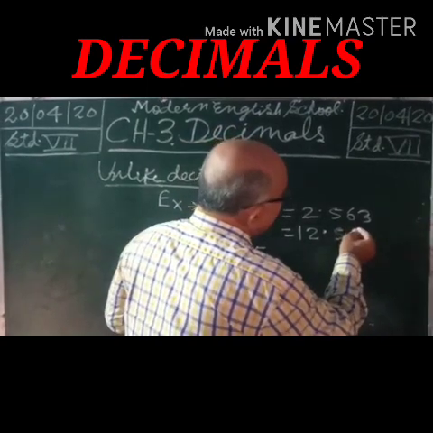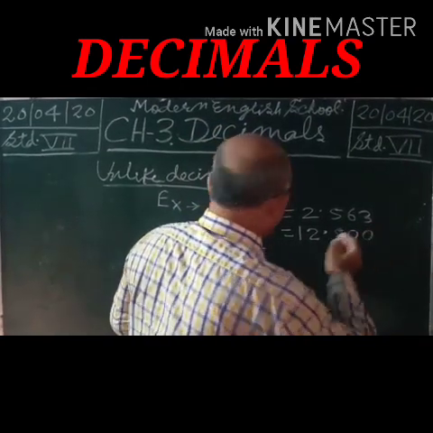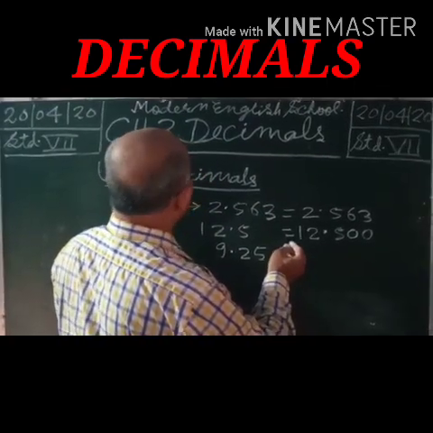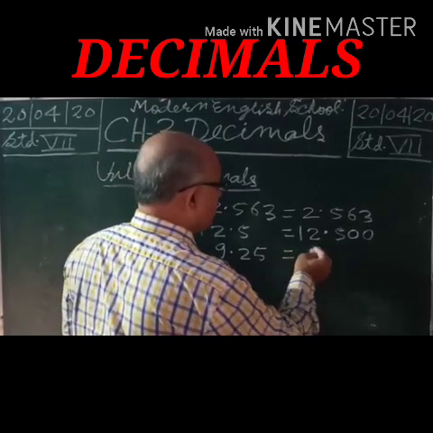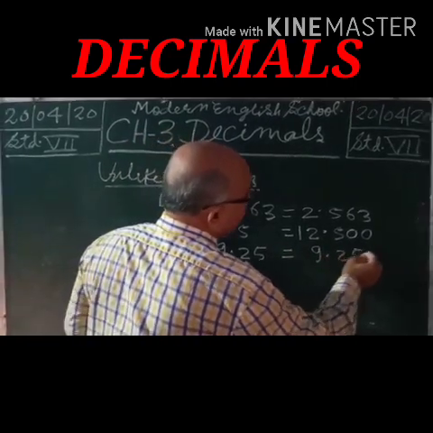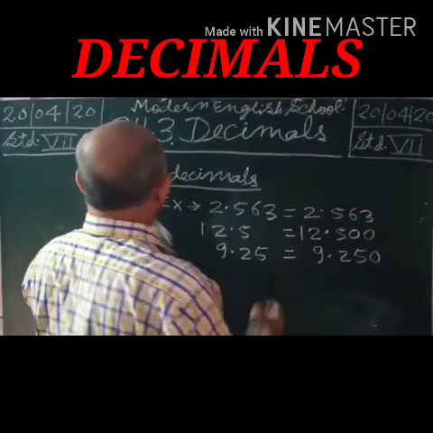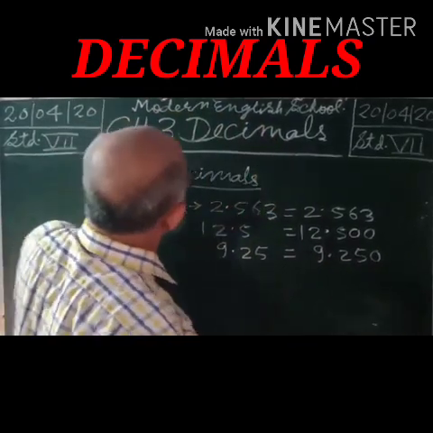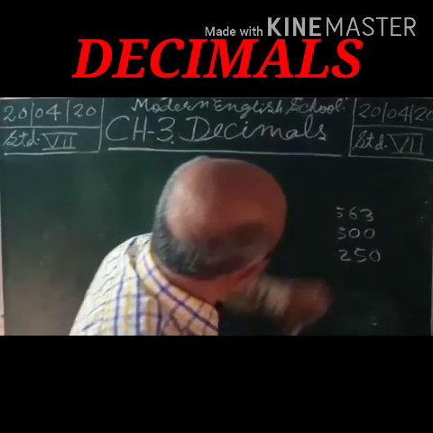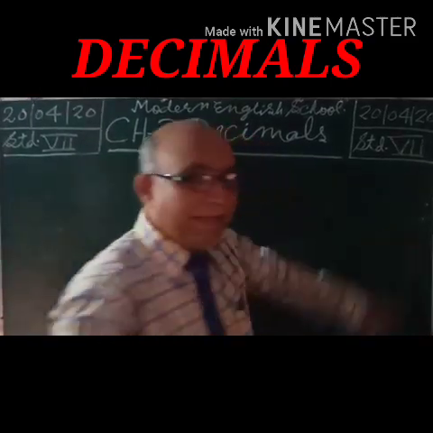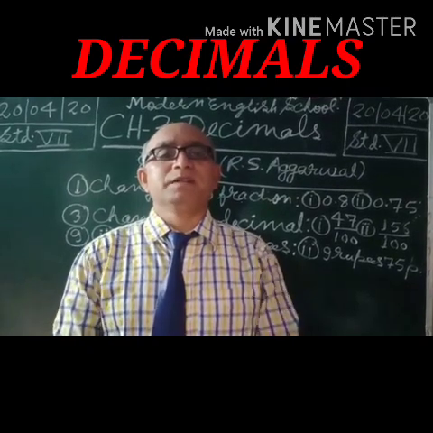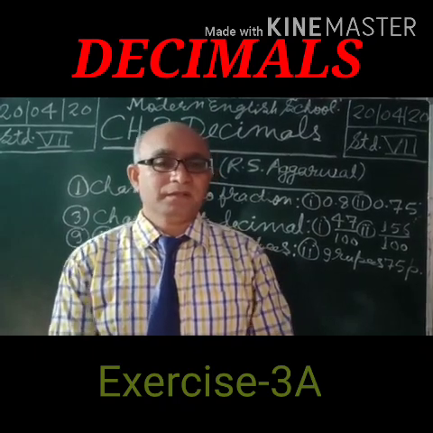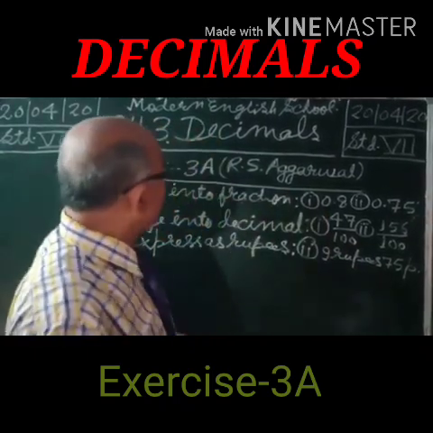So 3 decimal places, 12.500. 9.25 change into like decimal place, equal to 9.25, write 10, 9.250. So unlike decimals change into like decimals. Write it.